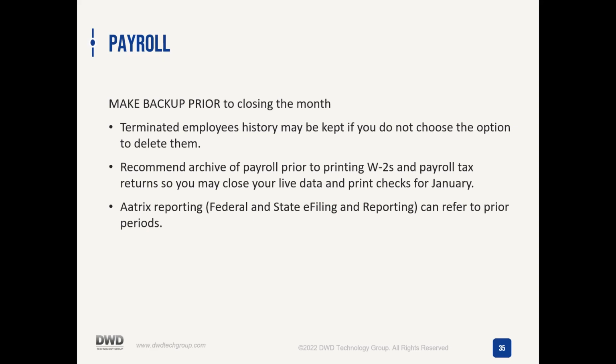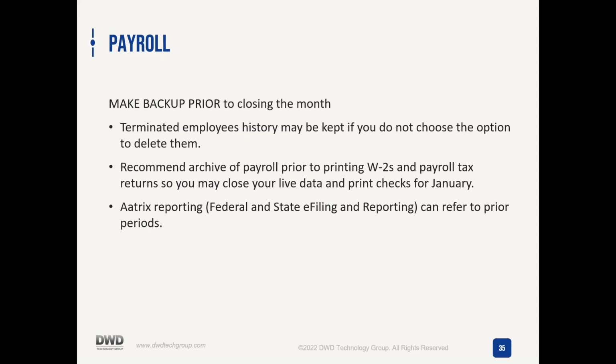The cool thing about this, and this is a difference from prior versions of BusinessWorks: before ATRIX came into play, it was mandated that you ran your W-2s out of an historical company. You would have to make that backup, and you could not run your W-2s after you started processing payroll in the new year.